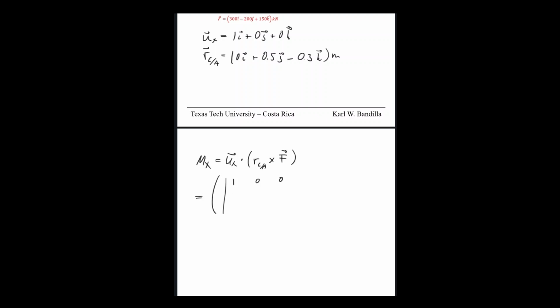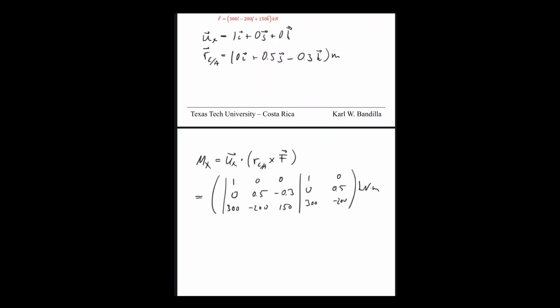Our position vector was 0, 0.5, minus 0.3. And then our force, we can just see it up there, 300, minus 200, and 150. And that was kilonewton times meters.